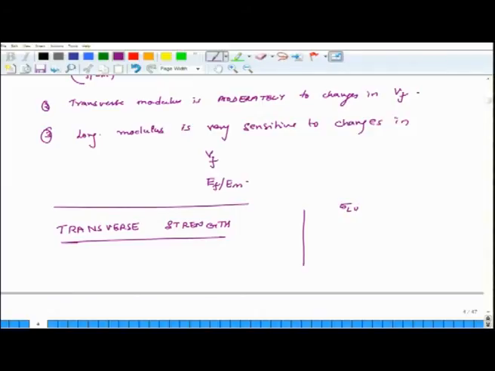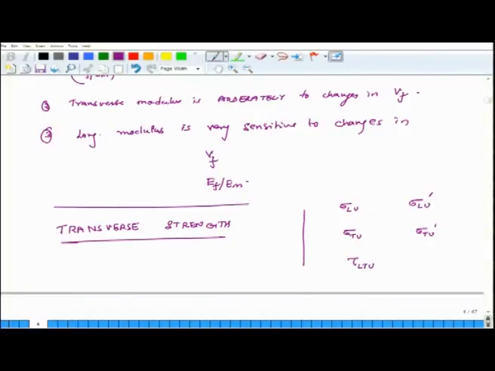The other parameter is longitudinal strength sigma Lu but in compression, designated by this apostrophe. The third important property related to strength is transverse strength sigma Tu, when the material is subjected to tensile forces, and the fourth one is sigma Tu prime, which is the transverse strength in compression, and the last one was shear strength sigma LTu.